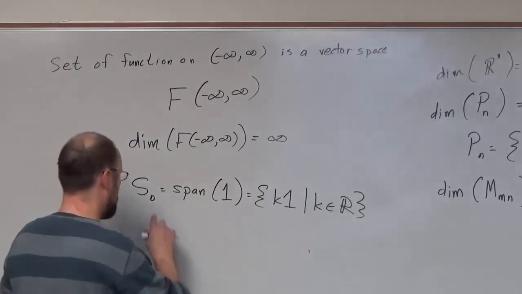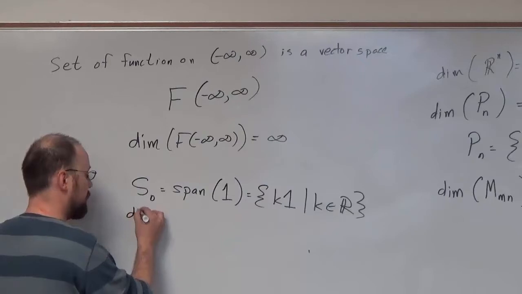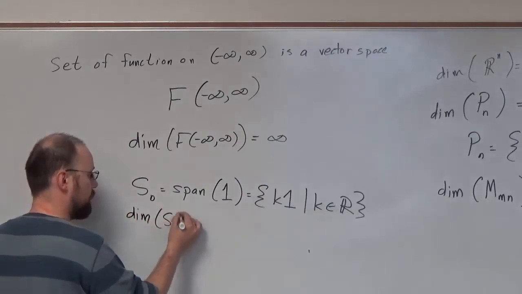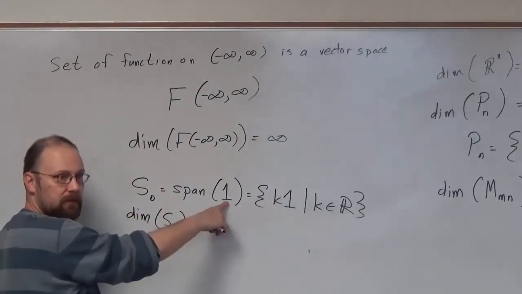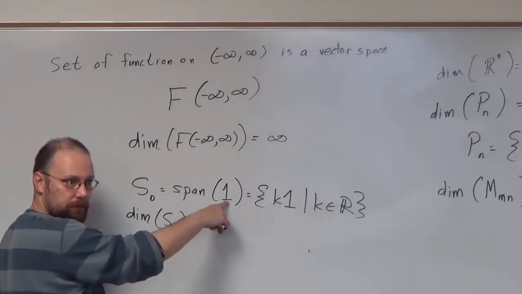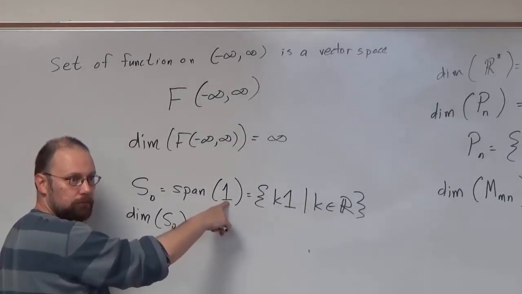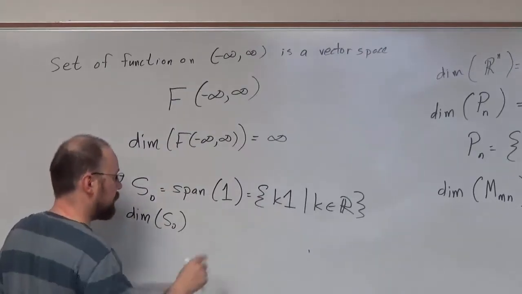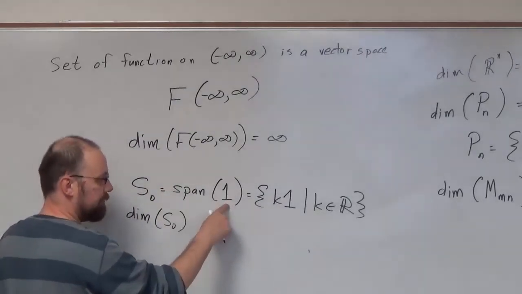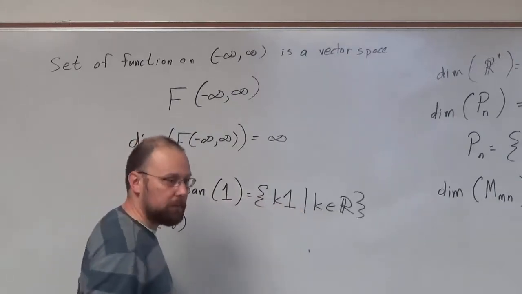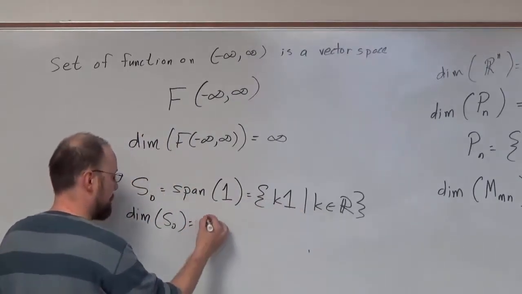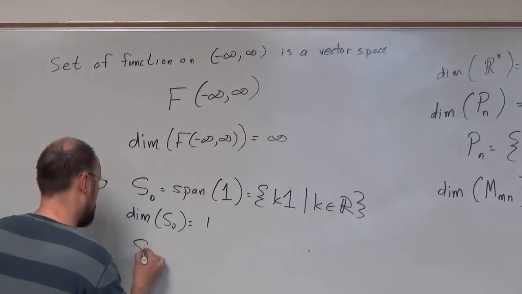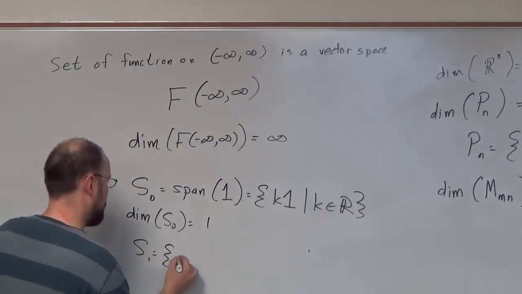What's the dimension? No, the dimension is 1. Because this is a basis element for that subspace, right? Any scaled version of this function is in our set. So this is a basis. And the span of this number is just all multiples of that number. The dimension is 1. S1, let's say, defined to be the span.